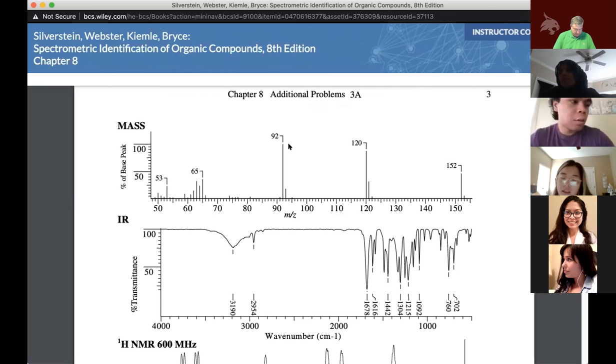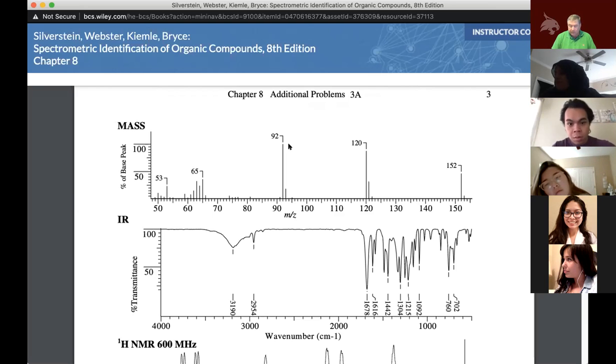Might be a ring. Yeah, because that's a pretty big peak there. 120 is a benzene ring with a carbonyl and an oxygen on it, and 152 is there. And then the next fragment is 53, which is a C4H5.